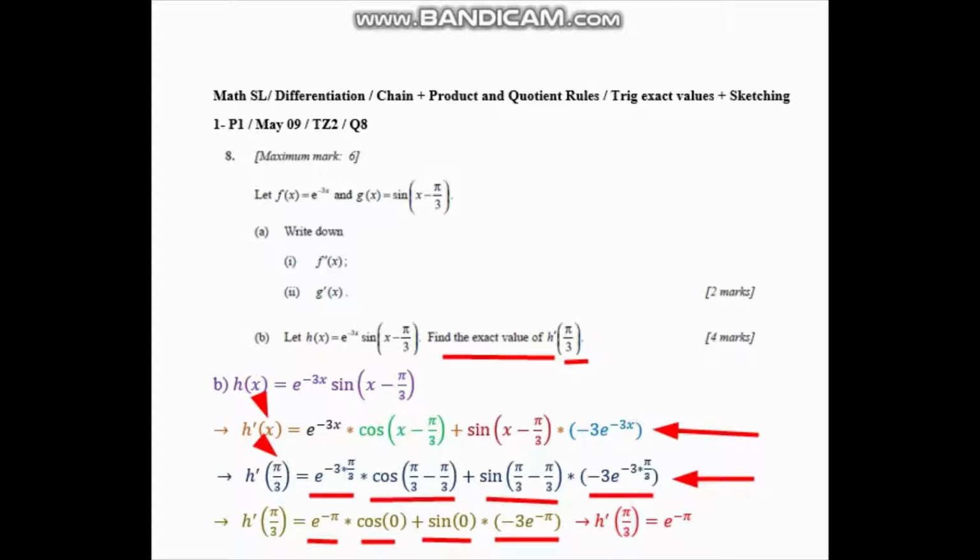Now you have to be aware of the trig exact values. So cosine of 0 is 1 and sine of 0 is 0, which cancels this part of the expression. And all that remains for me is e to the negative pi times 1, which gives me a final answer of e to the negative pi.